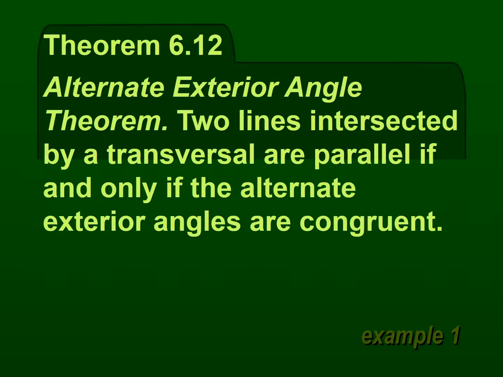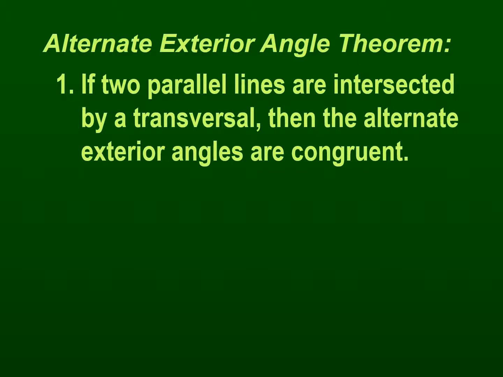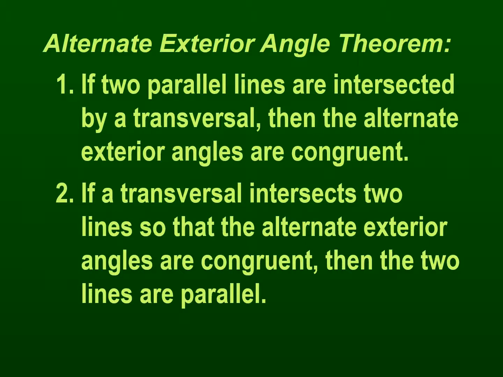So that's the difference between the parallel postulate and the alternate exterior angle theorem. Because the alternate exterior angle theorem said if and only if, that means it works two ways. We first have the conditional statement that if two parallel lines are intersected, then the alternate exterior angles are congruent. But it can also work backwards. If you have a transversal and the alternate exterior angles are congruent, then you have parallel lines.